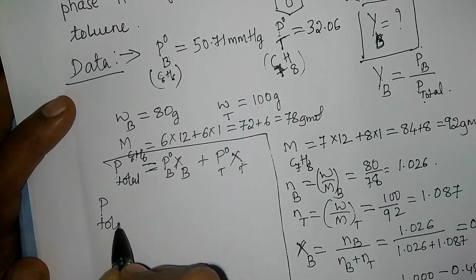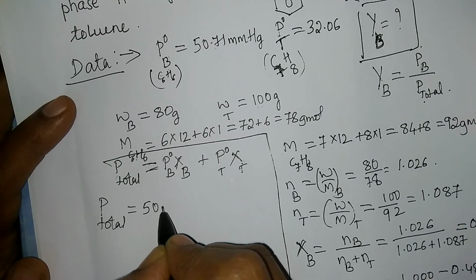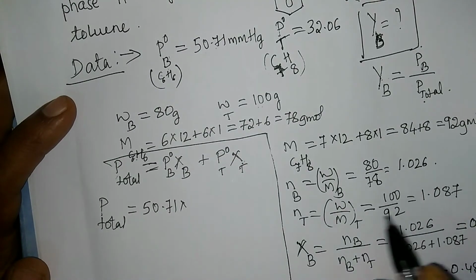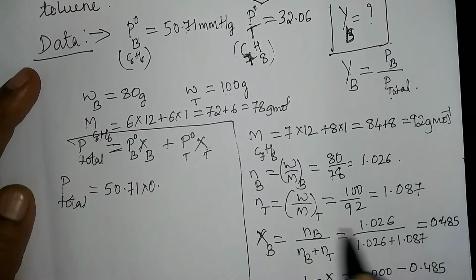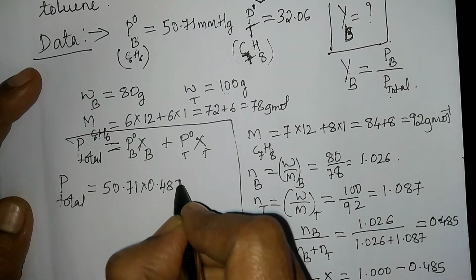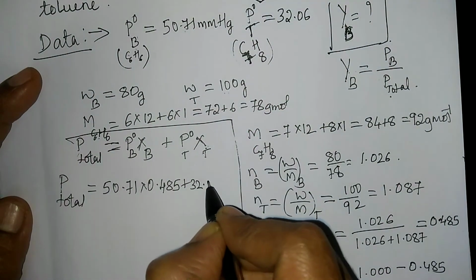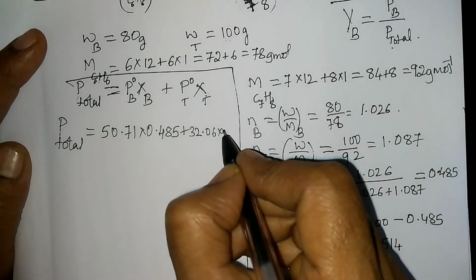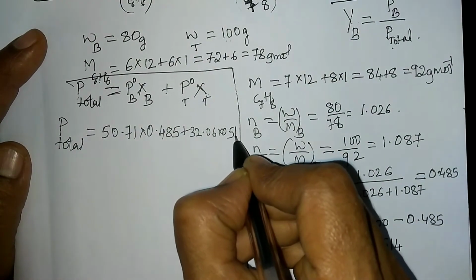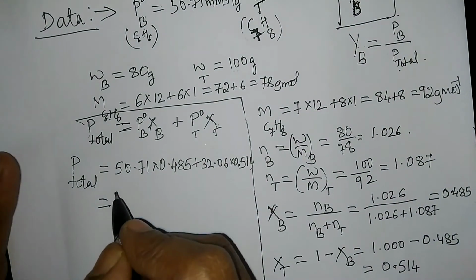So P total is equal to P naught B, so 50.71 into the mole fraction, that is 0.485, which we just calculated, plus 32.06 into the mole fraction, that is 0.514. Again, pause the video and do the calculation.